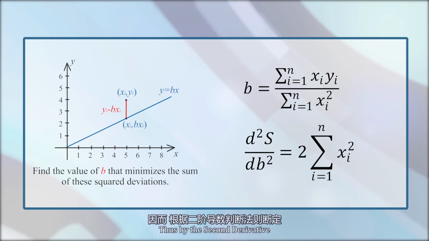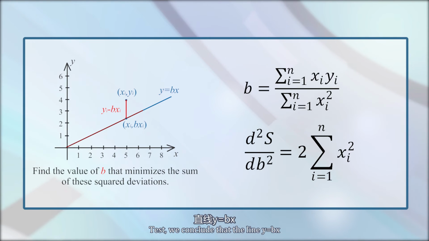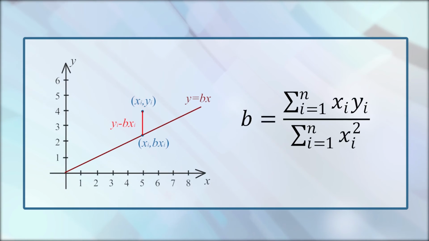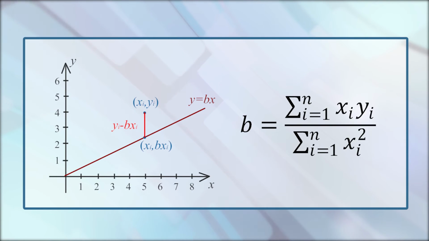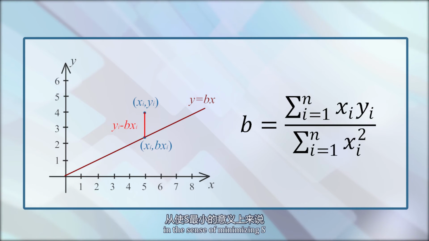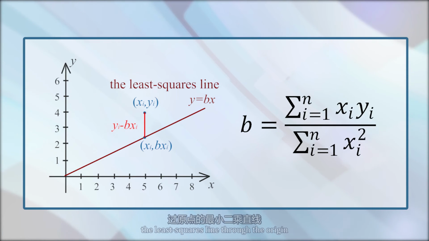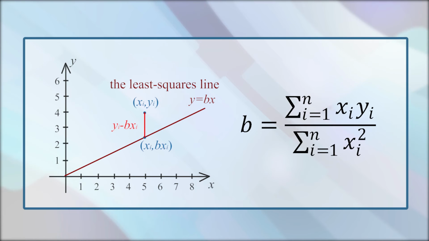Thus, by the second derivative test, we conclude that the line y is bx with b equal to the sum of xi times yi over the sum of xi squared is the best fit line in the sense of minimizing S. The line y is equal to bx is called the least squares line through the origin.